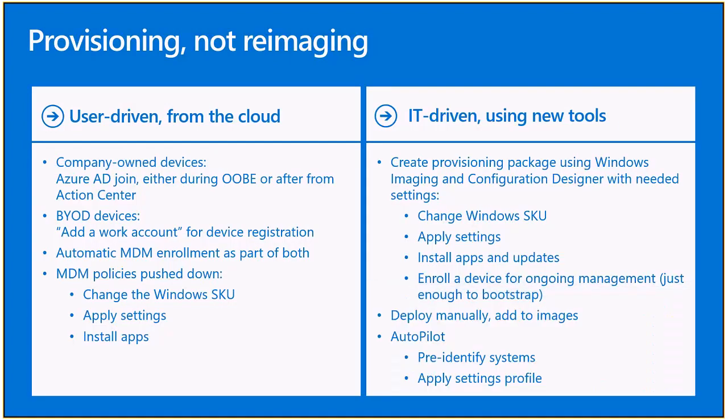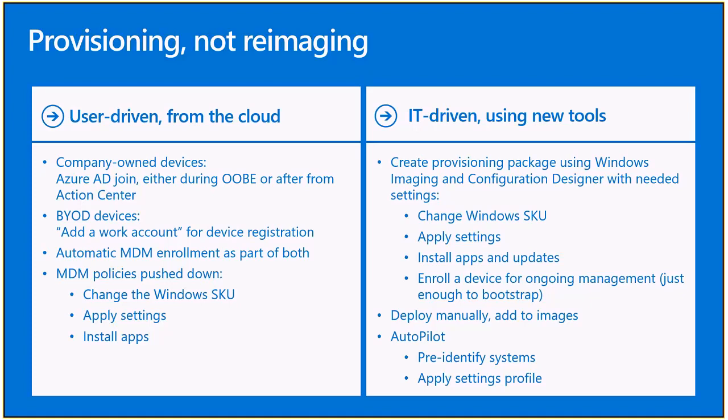So looking through some of the different options that we have there, for those company-owned devices, as I said, we can directly join that to Azure Active Directory, and we can do that either during the out-of-box experience, having the user log themselves in and do the Azure AD domain join, or we can do it after the fact if it's a machine that's already been started up for whatever reason, or we simply want to change the management method for that machine.